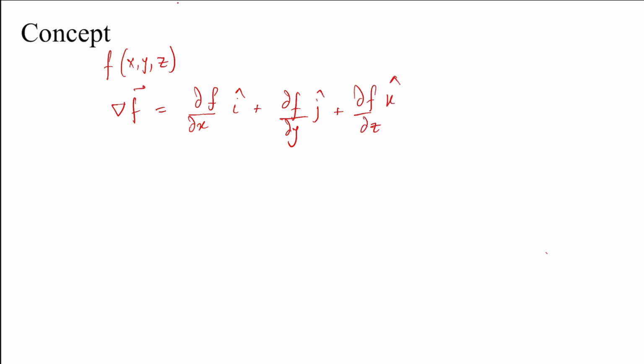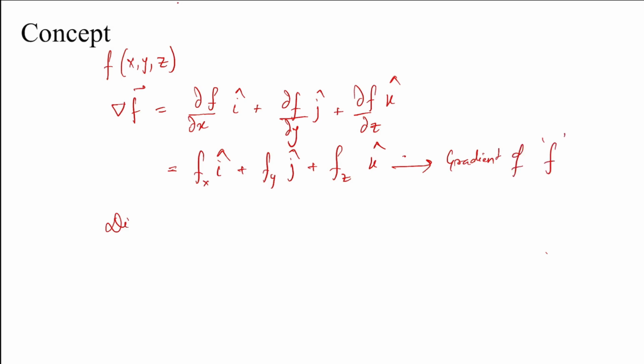You can also write this as fx i cap plus fy j cap plus fz k cap. This is the gradient of function f. This is a vector.